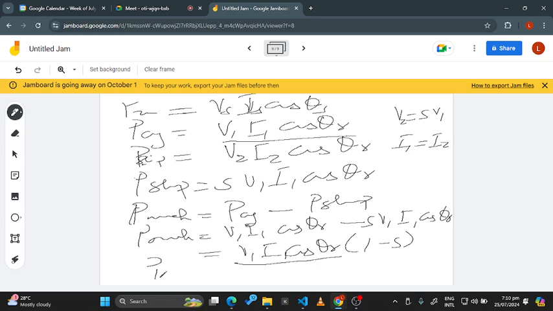So the mechanical power, if you know the total power going into the rotor, is equal to 1 minus S times the air gap power. Okay. Then from here we say what? The slip power.